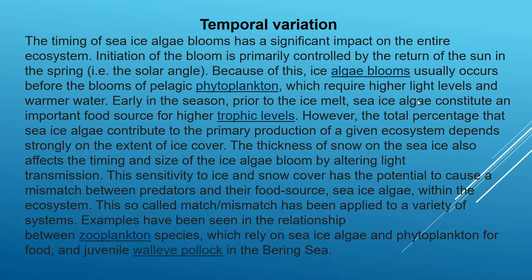However, on the flip side, if the algal bloom occurs earlier than usual, then the zooplankton could be feeding earlier, but then they're growing faster, and they may become too big for the walleye pollock to ingest, or they simply move away and the pollock will not encounter them.